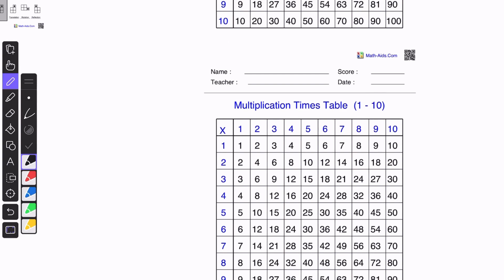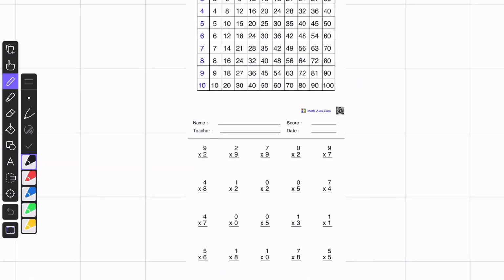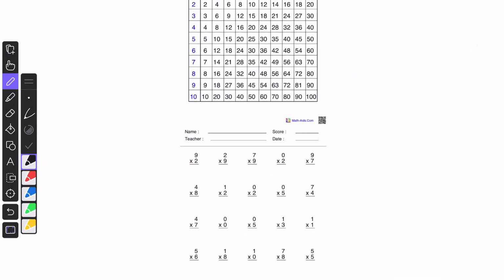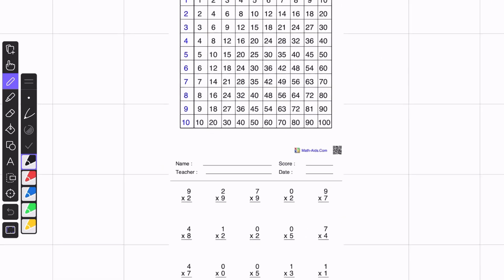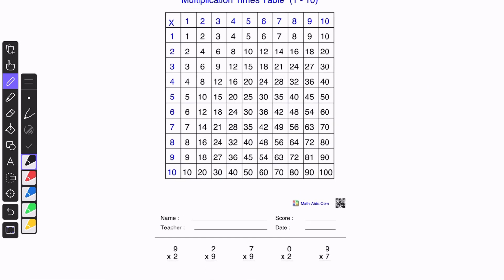And then here's the same thing. Now we can use our multiplication times table to figure out some of these answers instead of just memorizing them. So I like to go 9. So I'm at 9, and then I go until 2. And then we're at 18. So I know 18 is our answer to that one.